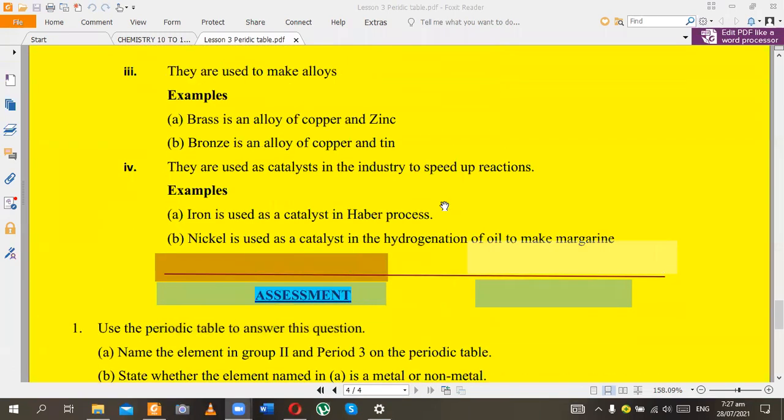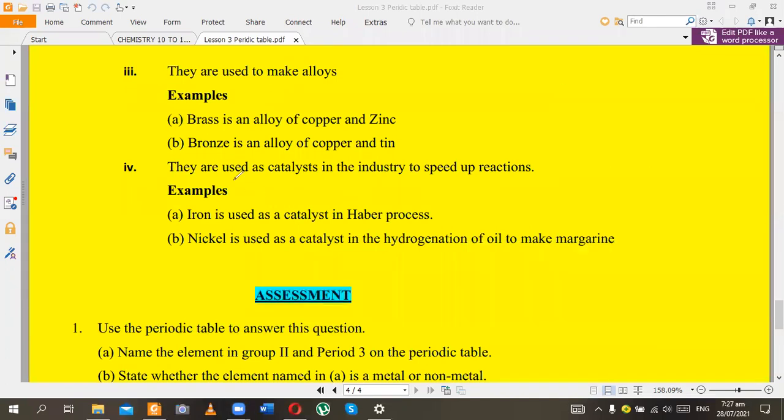Okay, now let's look at the last part of today's presentation, which is the other uses. We are saying they are used in making alloys. Now, these alloys are quite a lot. But by the way, let me talk about the alloy. An alloy is a compound that's made up of two or more elements that are physically combined.